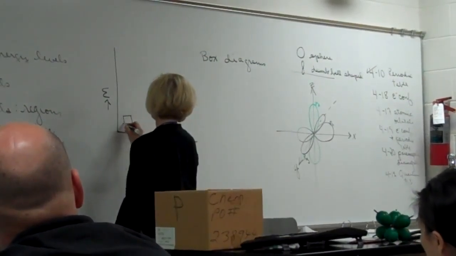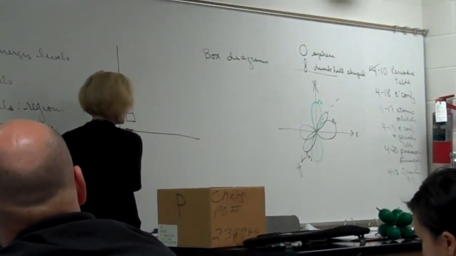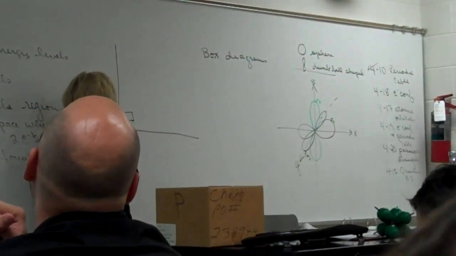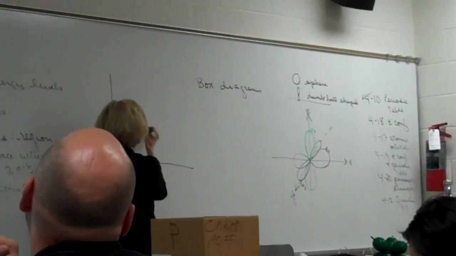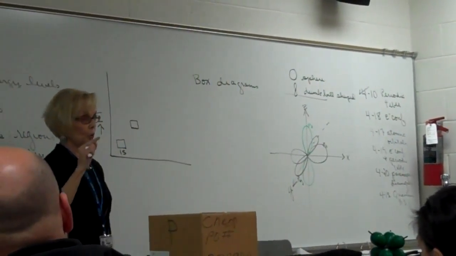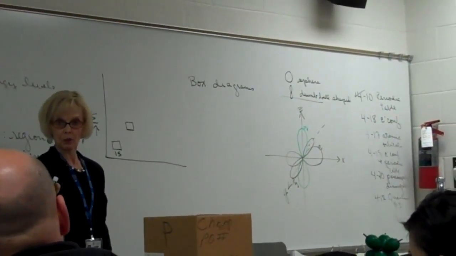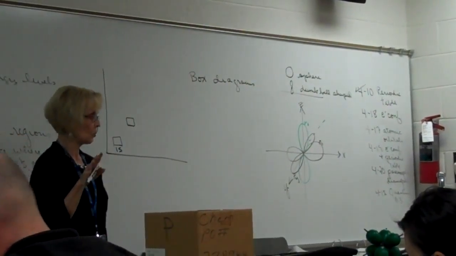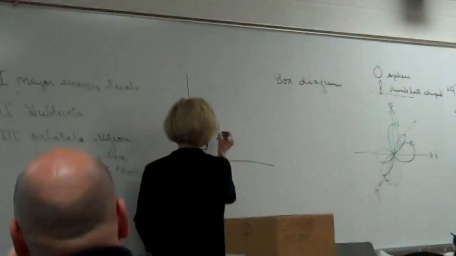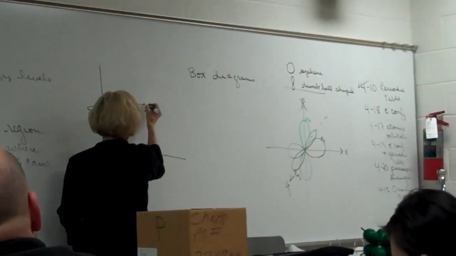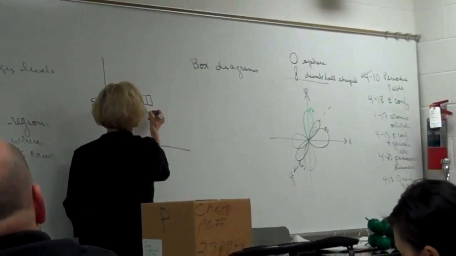Here on a box diagram, we can pretend the nucleus is right here, increasing energy this way, and each box now represents an orbital. Remember when I first drew this, I said don't worry about why I'm drawing 3 or 5 of them together. This is the 1s, here's the 2s, a little bit higher in energy, the 2p.